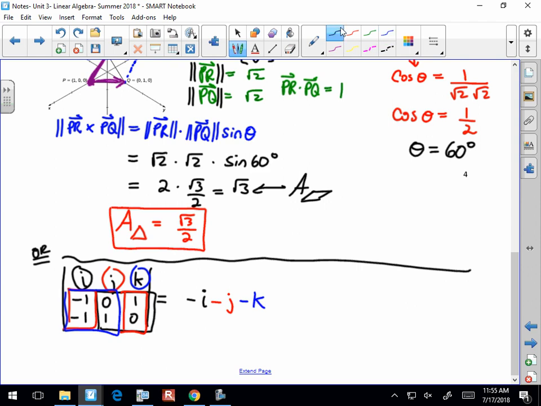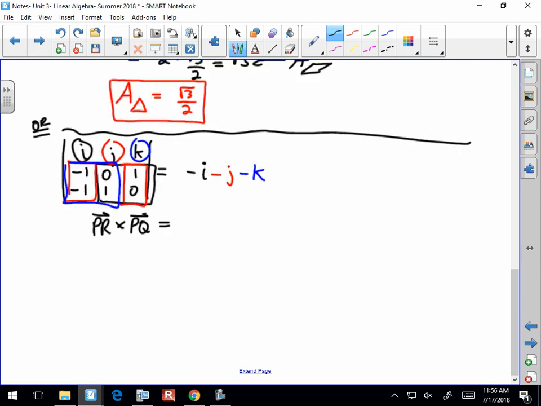All right, so my cross product, PR cross PQ, we could write it in vector form, or we already have it in ijk form, but just to see what the coefficients are, because then the magnitude is pretty easy.